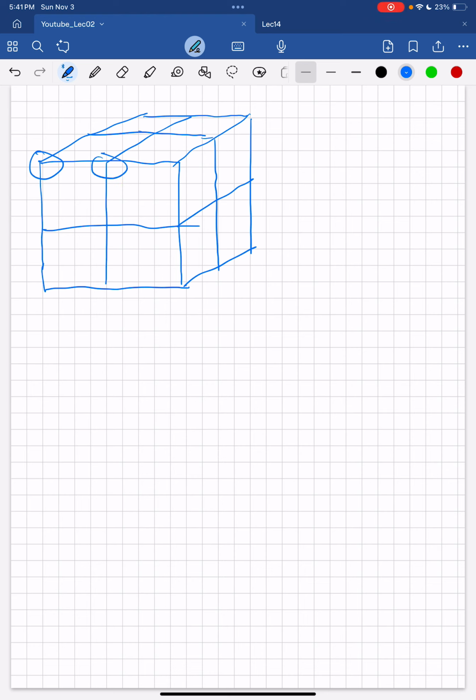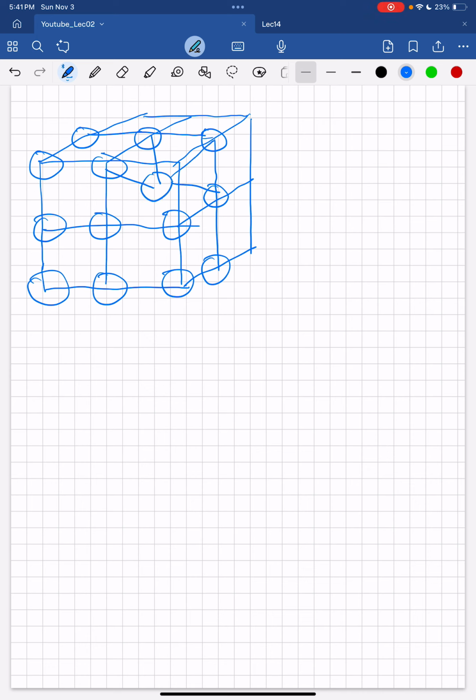So we will draw a BCC crystal like this, and it is bonded like this. When you count how many bonds you need to cut to sublimate this 4x4 structure, you need to cut 8 bondings per unit cell, right?